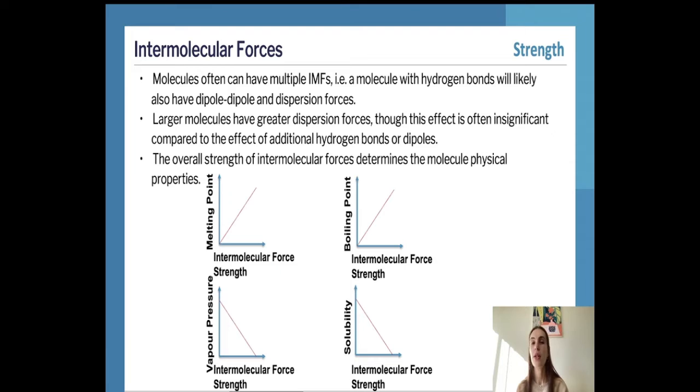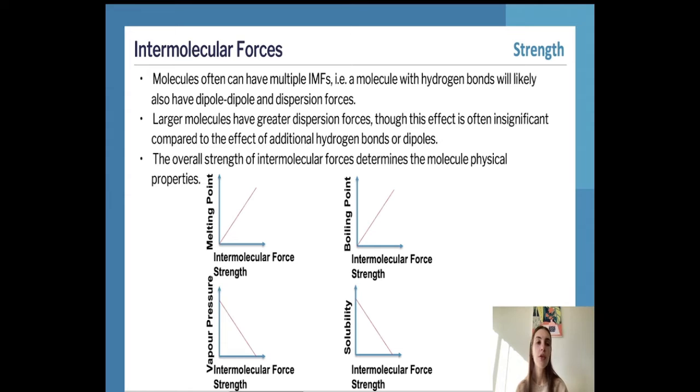Although octane is going to have strong dispersion forces because it's a large molecule, something like ethanol with hydrogen bonds, although it's only very small, will have a lot stronger intermolecular forces because the extent of its hydrogen bonding is a lot greater than the strength of a dispersion force.